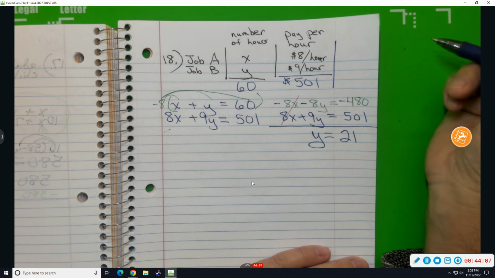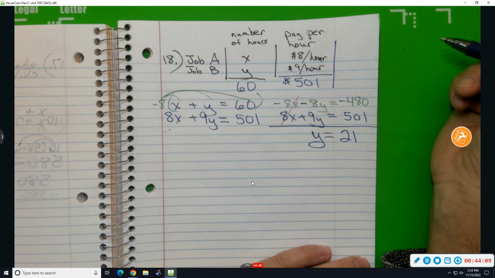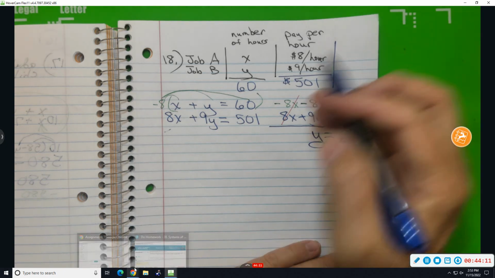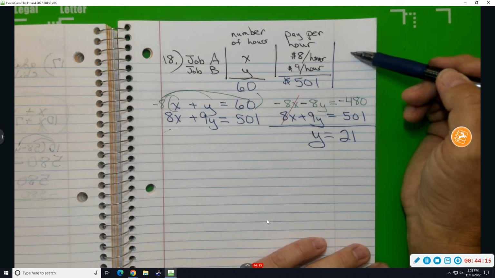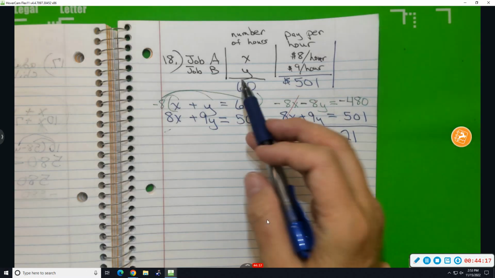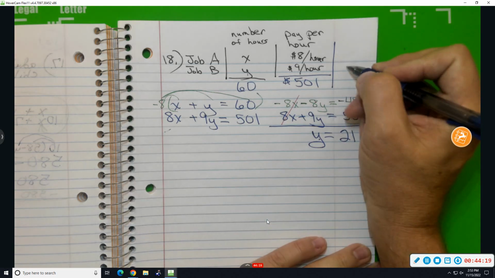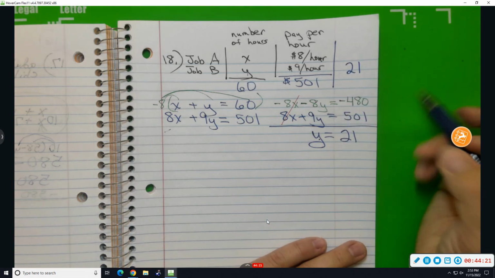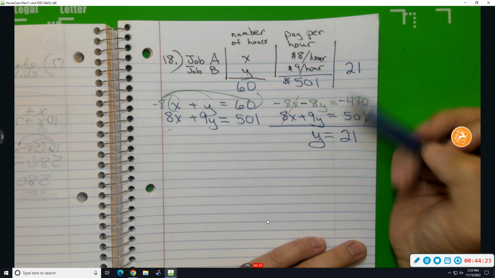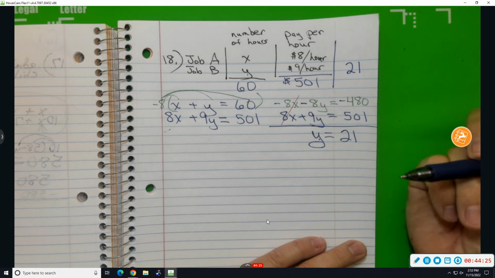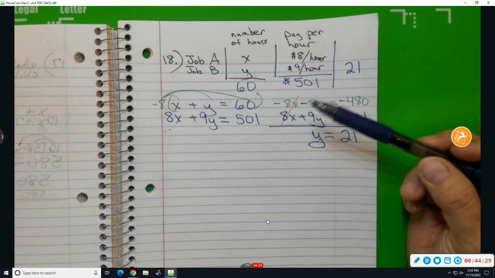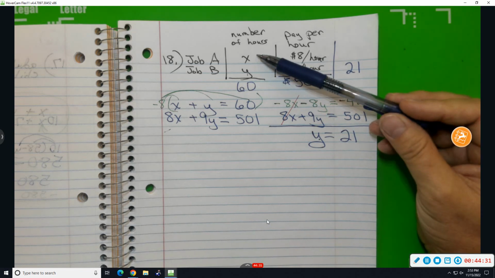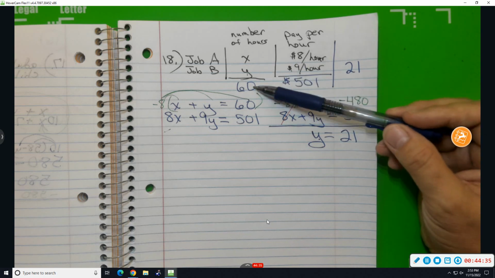So, what was this person's name? Mike worked, notice, why am I putting the 21 here rather than up here? Because it's y. y is 21. Mike worked 21 hours at job B. So we can just subtract 21 from 60 to get 39 for what he worked at job A. Right, so it has to add up to 60.